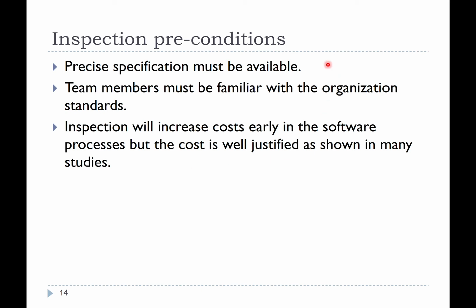First of all, the specification of the inspection list has to be precise. If what I'm asking somebody to look for is said in a very vague way, they won't have a good idea of whether the target document is really violating what my inspection list is saying.